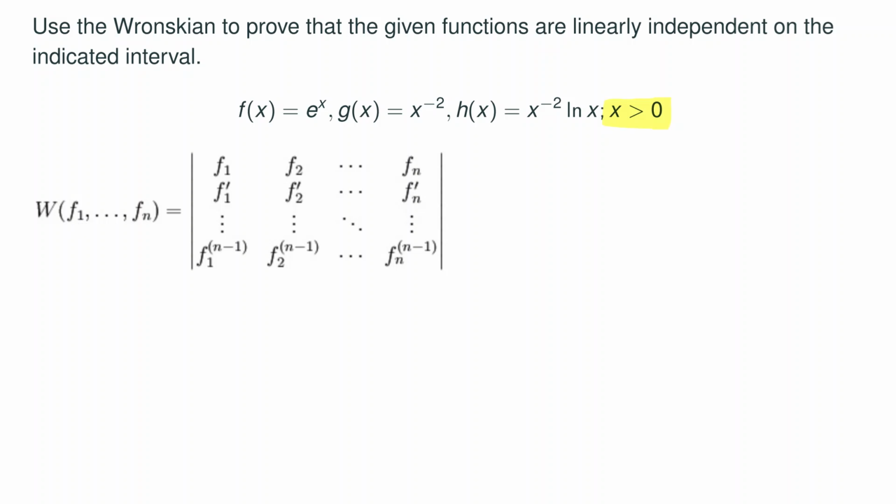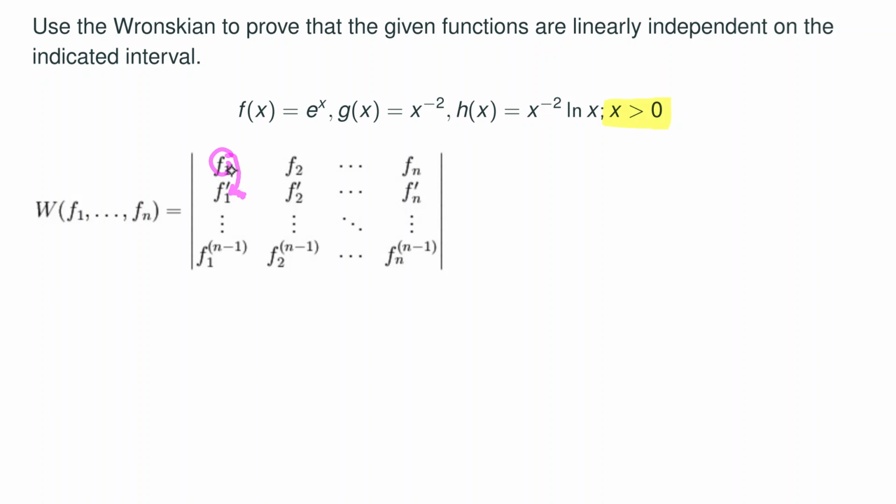The Wronskian of n different functions is the n by n determinant, where the first row, first column is the first function, and then as you go down the column, you just keep taking higher and higher derivatives of the function.